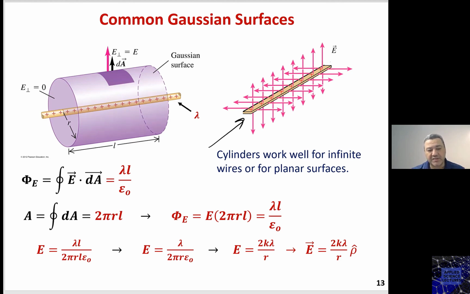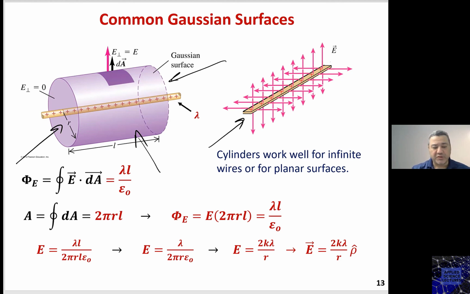In this case, the best symmetrical Gaussian surface that we can take for the line of charge would be a cylinder. The cylinder is a closed surface. As you can see, it is this shell, this face, and that face as well.